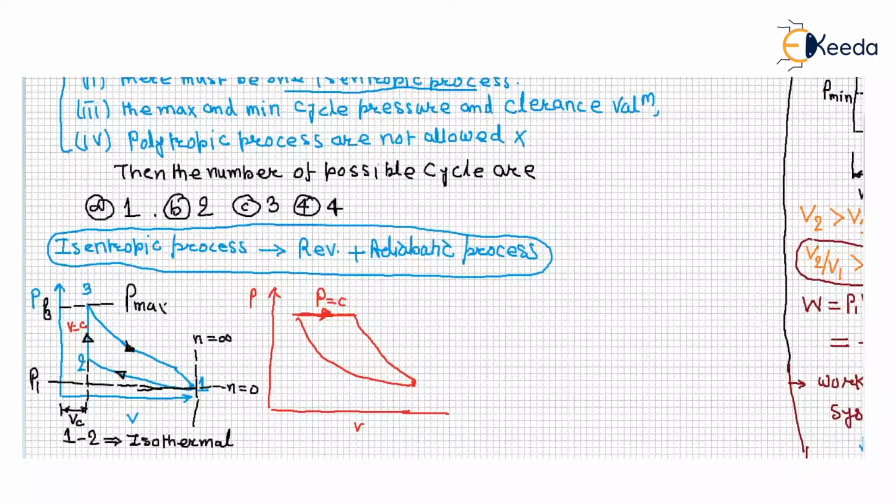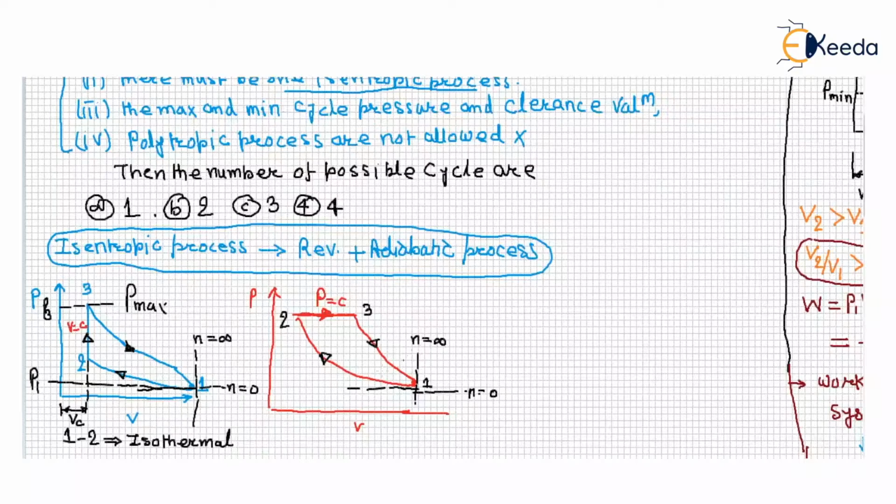So in this case, what is the process? Put a cross mark here. This is your 1, this is your 2, and this is your 3. This is your clockwise cycle, that means work will be produced. So this is your n equal to 0, this is your n equal to infinite.